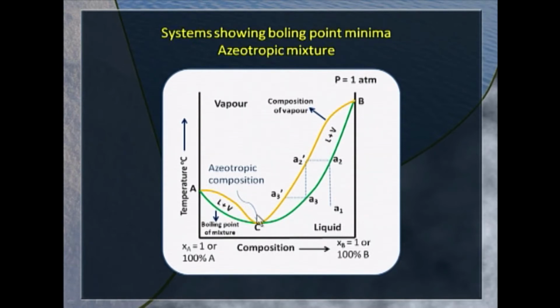It forms a vapor having the same composition as the liquid that we started with. And this liquid is said to have azeotropic composition. What do you mean by azeotropic mixture? Azeotropic mixture is the one which boils without change in composition.